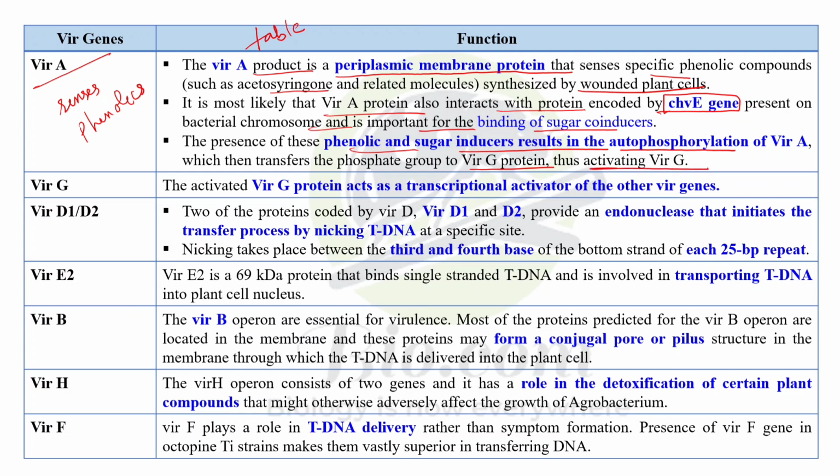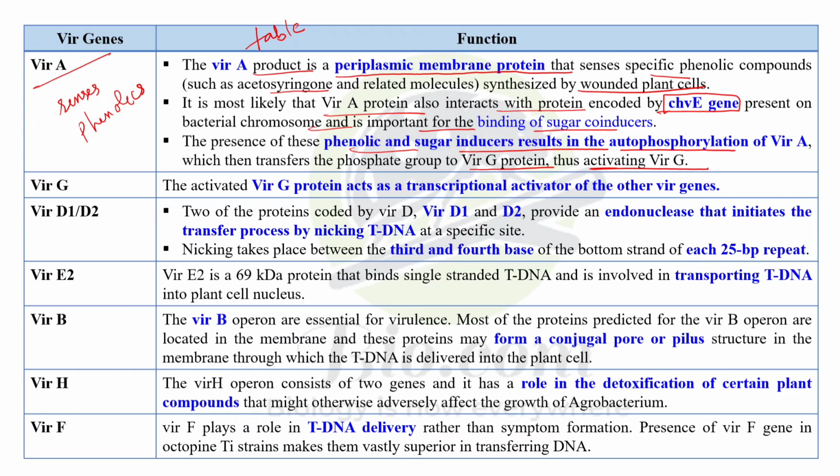So you have to remember, सबसे पहले periplasmic membrane protein में Vir A होता है. It will sense the phenolic compounds. कौन से phenolic compound? Acetosyringone and hydroxyacetosyringone, जो कि release होते हैं जब plant में एक physical injury आता है. उसके बाद जो Vir A protein होता है वो एक और protein से interact करता है, that is the ChvE gene which is present on the bacterial chromosome, जो कि important होता है sugar को inducer से bind करने के लिए.